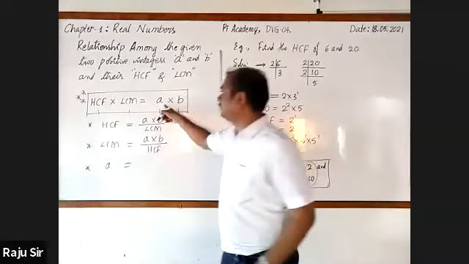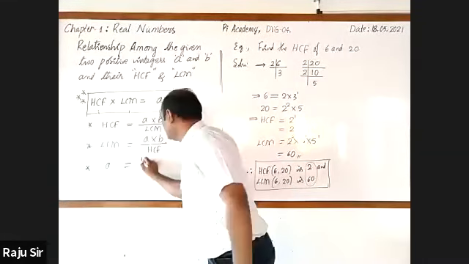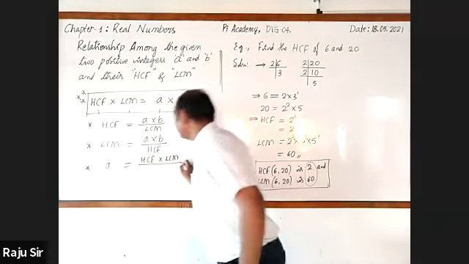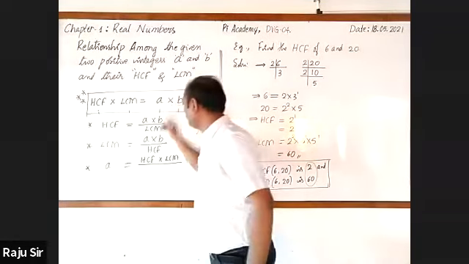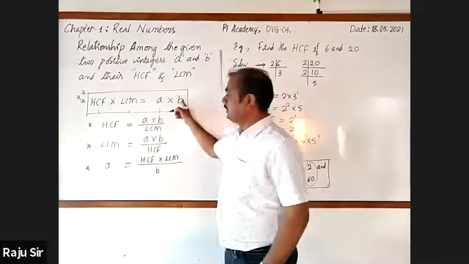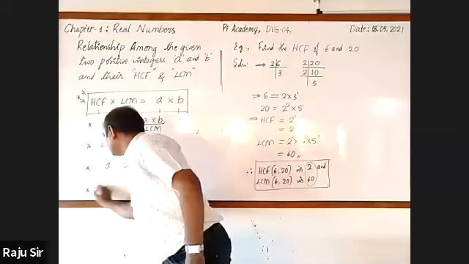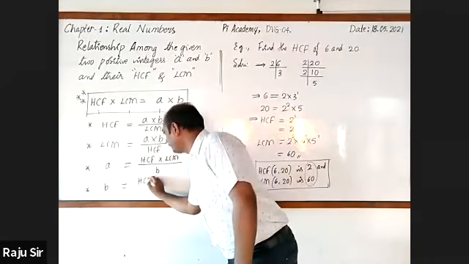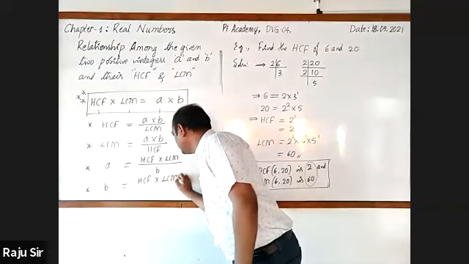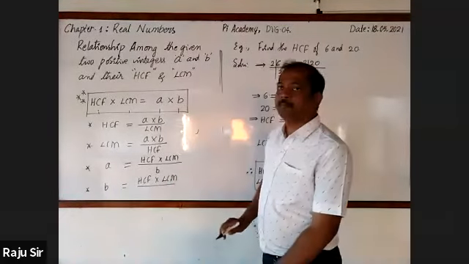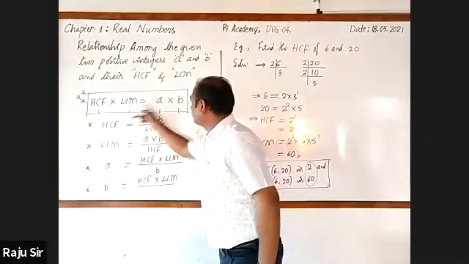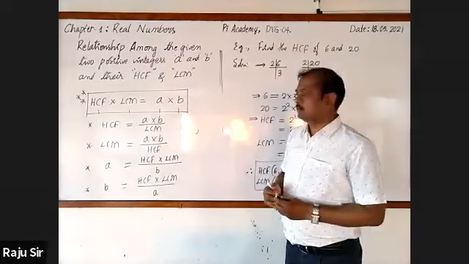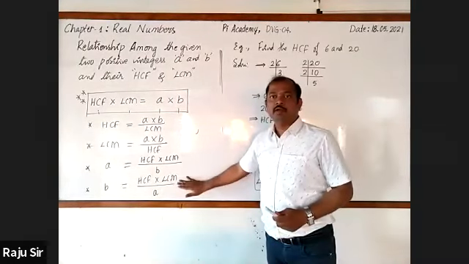Suppose you are going to find out A, then it can be written as HCF into LCM by B. Then to find out B, you can write it as HCF into LCM by A. Hope that you have written up to here.